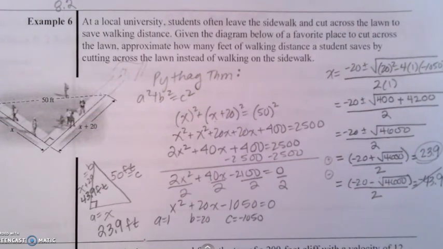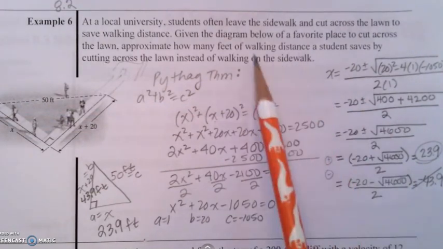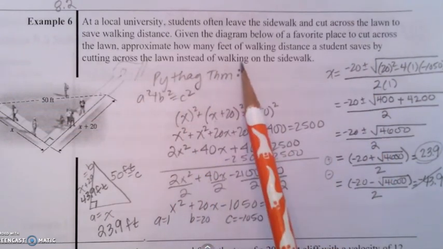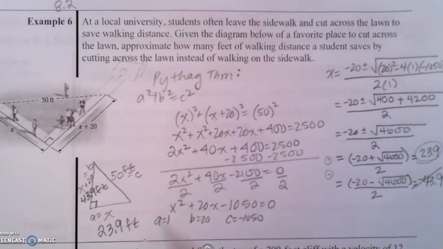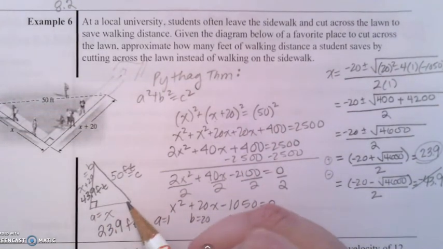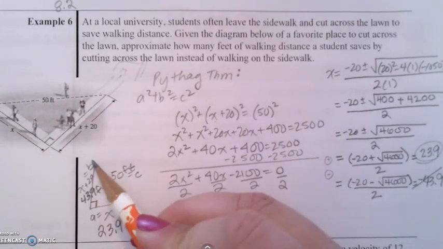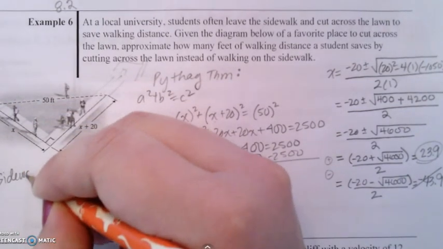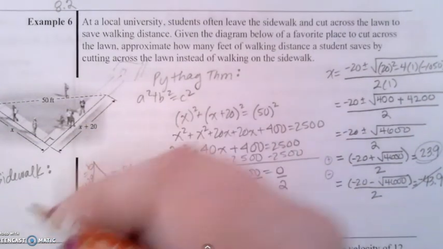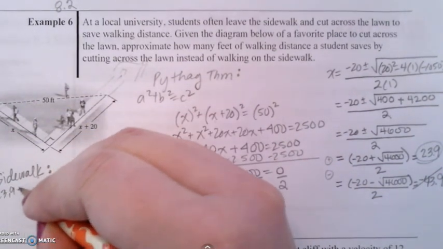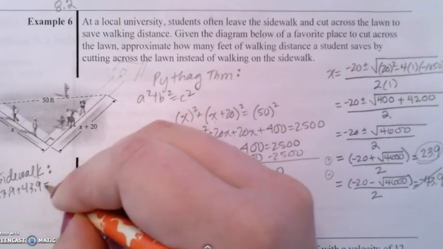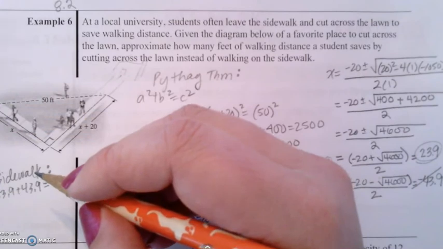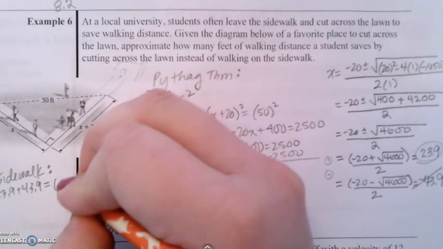And then we want to make sure we've answered the question. So the question is, how much does the student save by cutting across the lawn instead of walking on the sidewalk? So if the student had walked on the sidewalk, the sidewalk distance would be 23.9 plus 43.9 for a total of 67.8 feet.